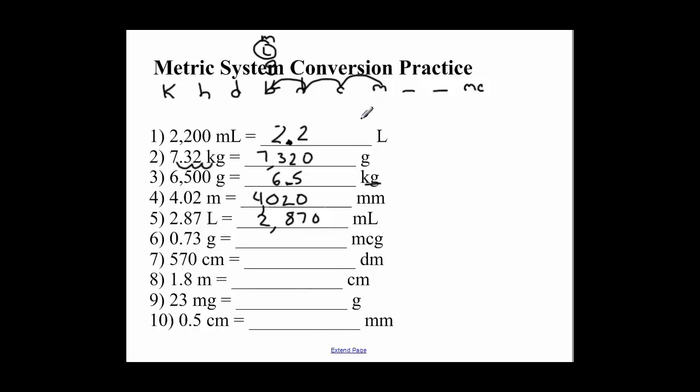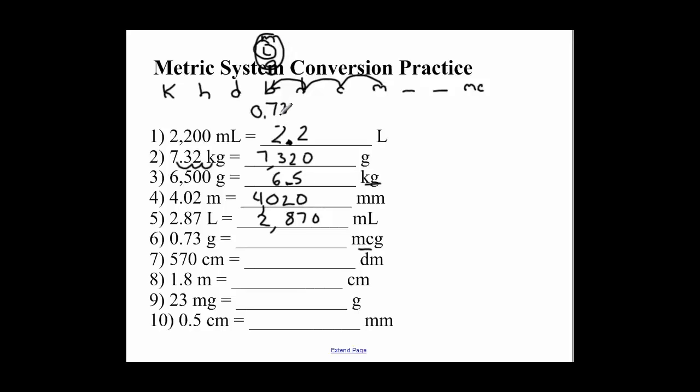Converting grams to micrograms, pay special attention to this because some students struggle with the prefix micro because it's so small. So we begin with grams. We have 73 hundredths of a gram, which gram is a base unit. So we start with a B for base, which is meter, liter, or in this case gram, and we convert to microgram.